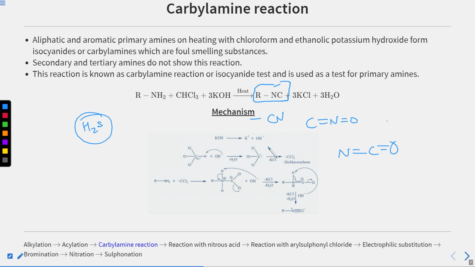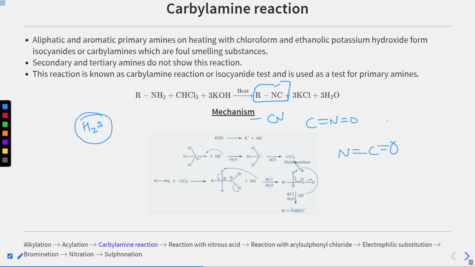Carbene is a species where we have 3 electrons involved, but we have removed one more Cl and we got 4 electrons. So carbene is a species that has all electrons paired, but it has only 6 electrons.